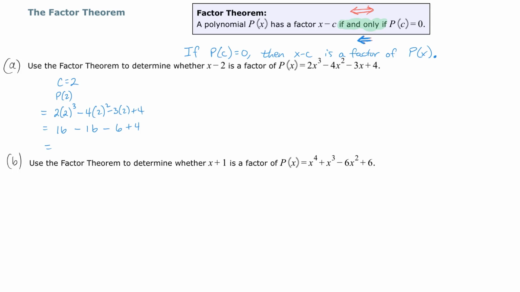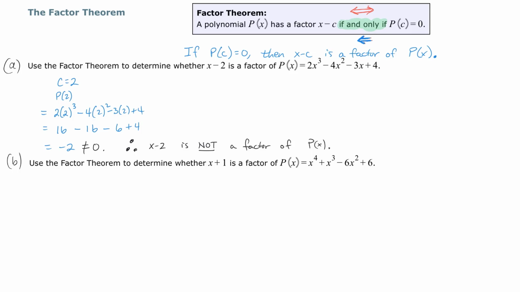And notice we get negative 2. But negative 2 is not equal to 0. And therefore, we could conclude that x minus 2 is not a factor of the given polynomial.